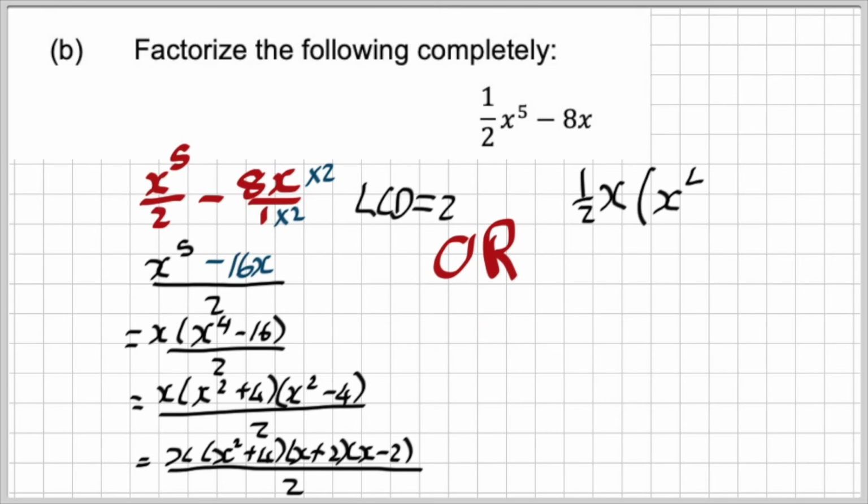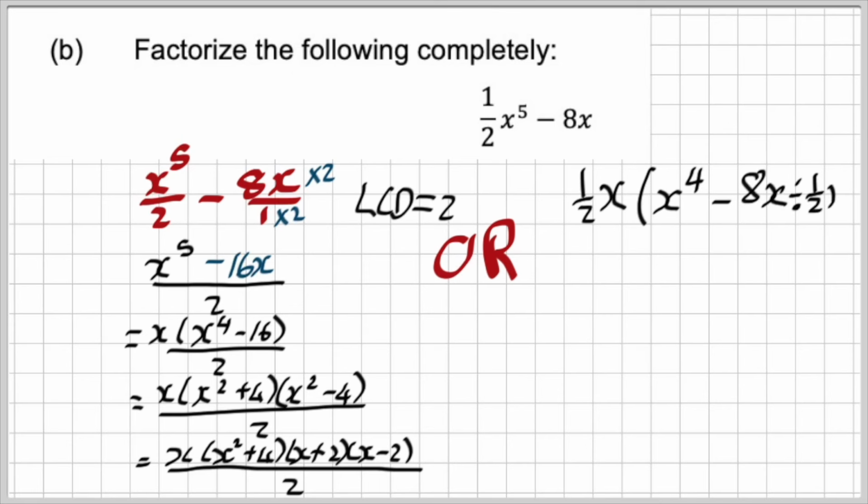The first term is very simple. That's just going to become x to the 4. Most of my students, no issues there. The problem is with the second term. Remember, when you're taking out common, it means taking the 8x and dividing it by whatever you take out common.